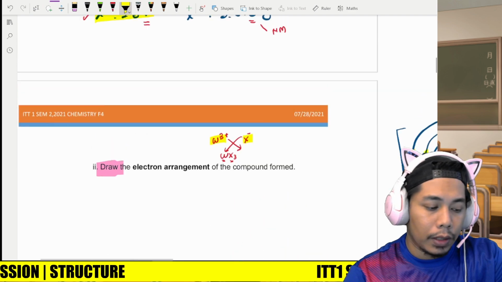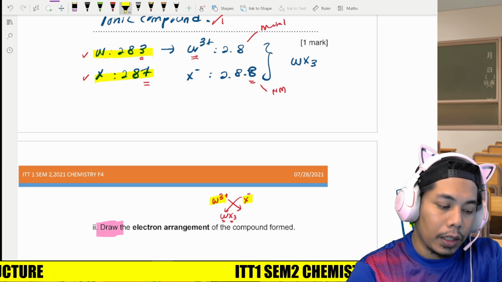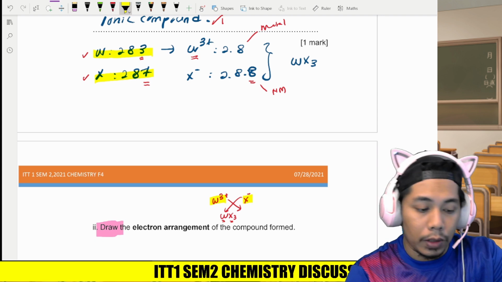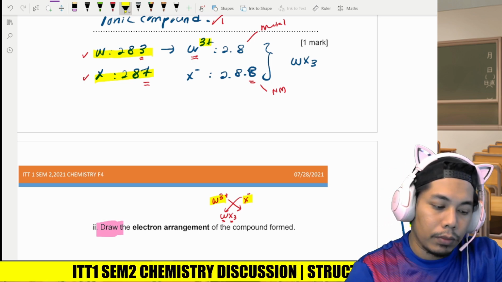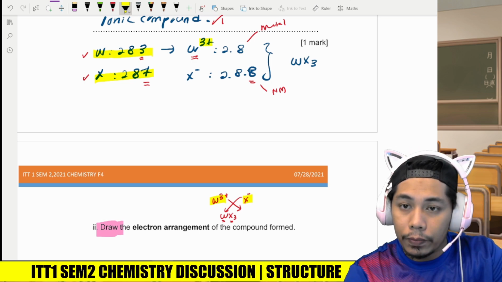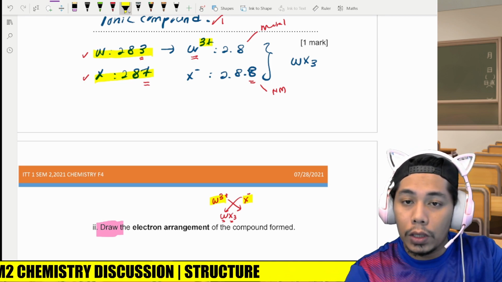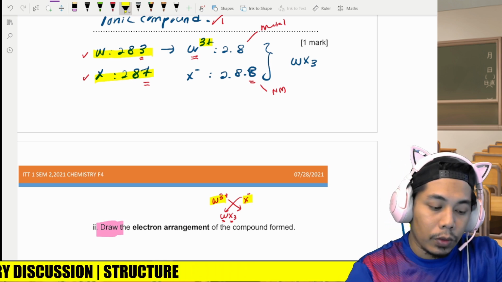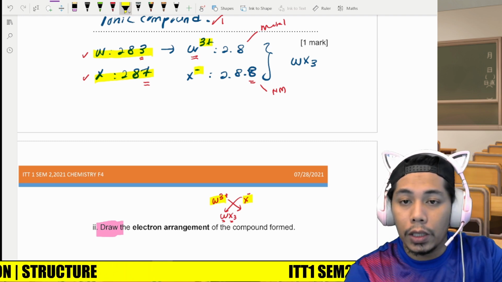Why? Because W has 3 valence electrons, and it has a tendency to donate valence electrons to form a positive ion. If it donates 3 valence electrons, it will become 3 positive. X needs 1 more electron to achieve an octet electron arrangement, so when it gains 1 electron, it will become a negative ion.